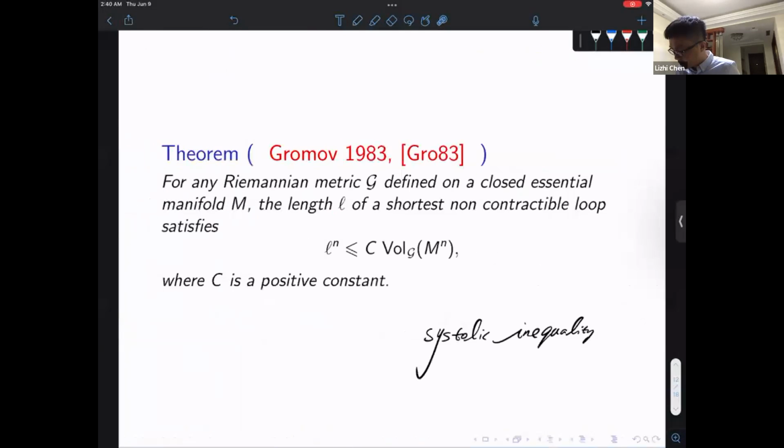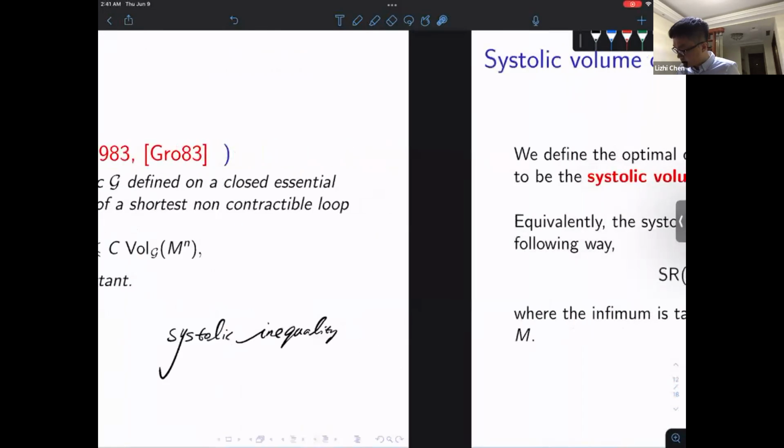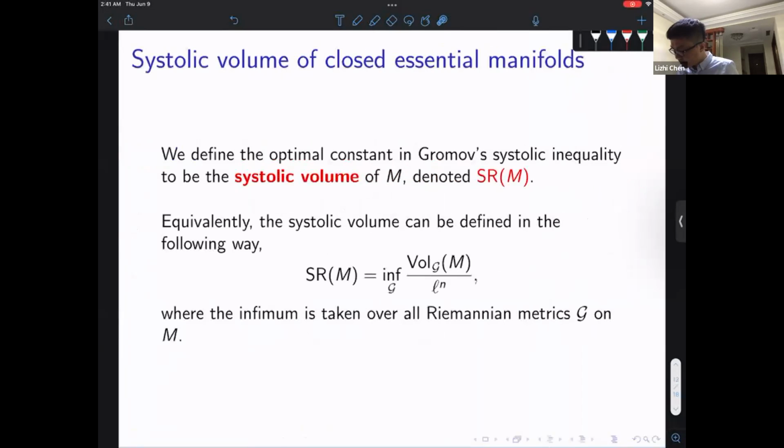This means in the systolic inequality, the optimal constant C is the systolic volume of the manifold M.